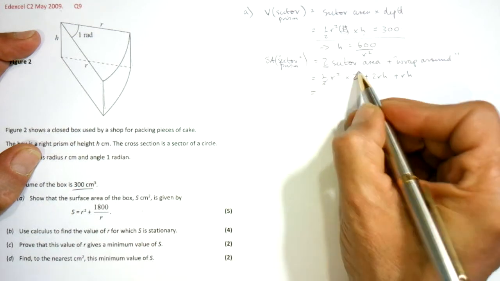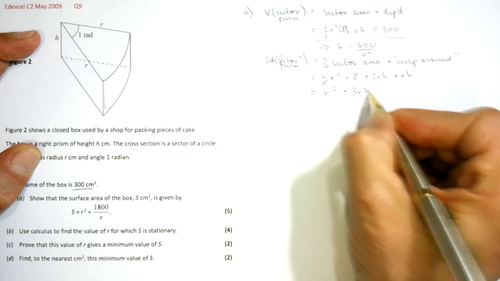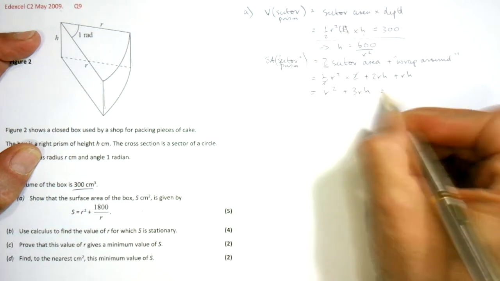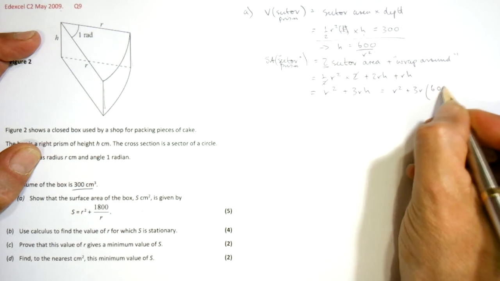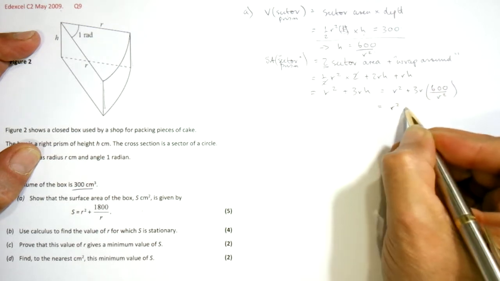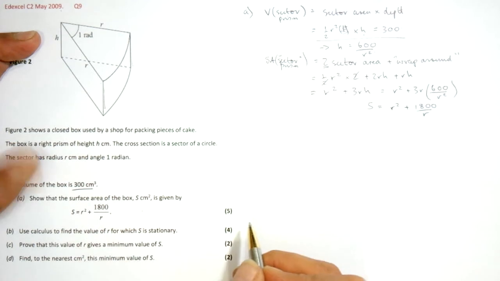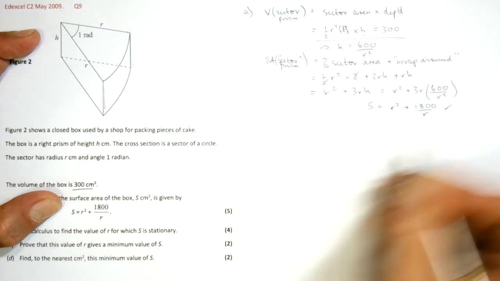So that's equal to, those two cancel, so we've got r squared plus 3rh, but h is equal to this, so that's equal to r squared plus 3r times 600 over r squared, and that's equal to r squared plus 1800 over r. What do we want? S is equal to r squared plus 1800 over r. Oh, I think we got it.